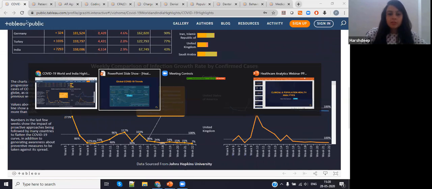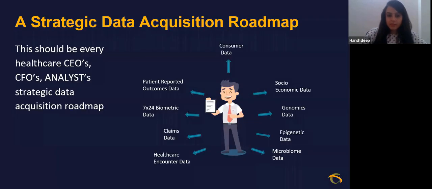Before we go to the challenges that healthcare businesses face, let's look at what a strategic data acquisition roadmap should look like. Now, the data that healthcare businesses collect has almost no information about healthy patients who rarely happen to visit health centers. Therefore, in order to build a strategic data acquisition roadmap, it is essential to collect all relevant healthcare data.